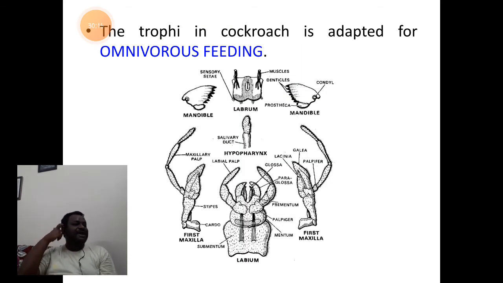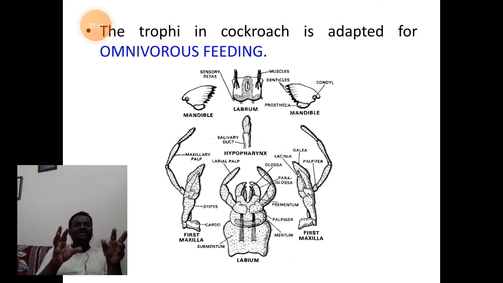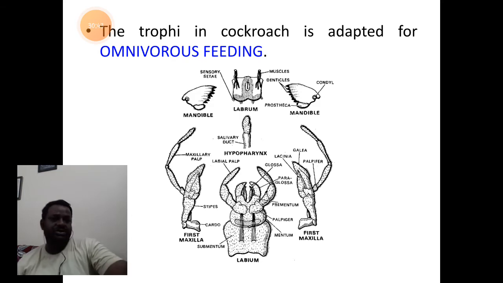So the trophy of insects, the cockroach, is adapted for omnivorous feeding. Meaning to say, it feeds on any type of food. Especially since they have well developed mandibles, the function of the mouth parts of the organism is to chew and bite the food.